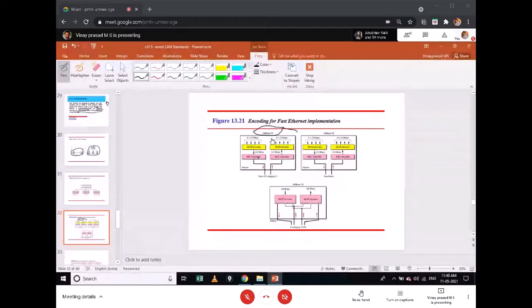So for synchronization, we use something called 4B/5B block encoding, meaning 4 bits converted to 5 bits. So with this standard, we use block encoding for synchronization and MLT-3 for line coding.